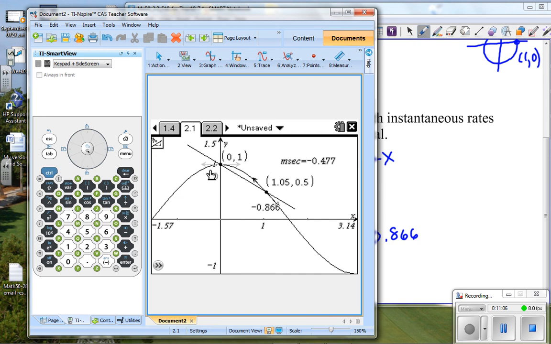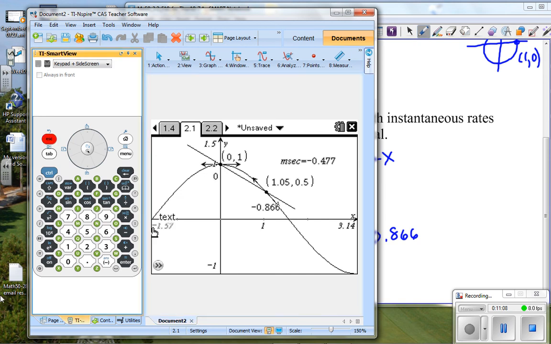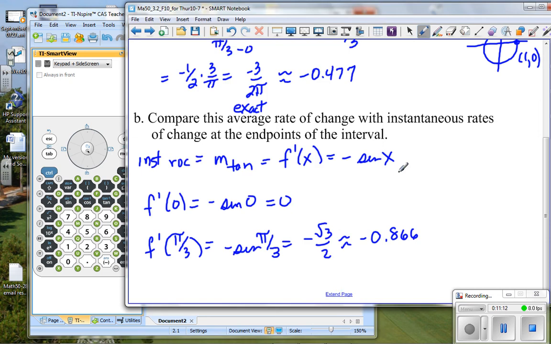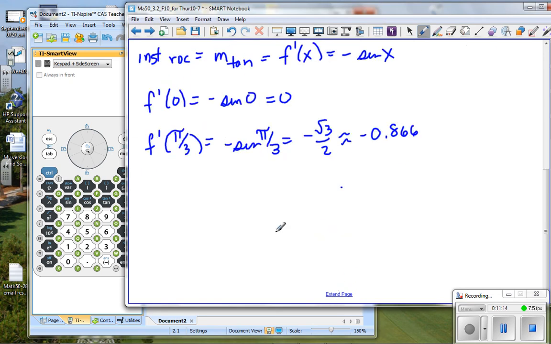This, in fact, is horizontal, which gives us that value. Okay, so to wrap this problem up then, we have that negative 0.866 is less than negative 0.477 is less than 0. This is your average rate of change that we have in there.